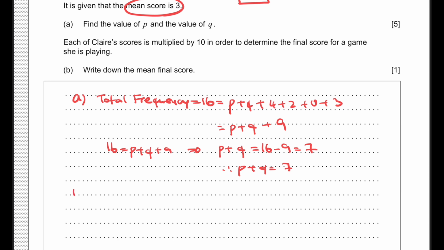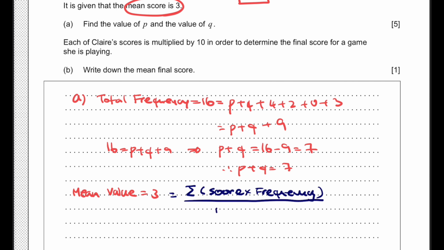So the mean value is 3. And you can calculate this mean value by adding all the values of the score times frequency, divided by the total frequency number, right?